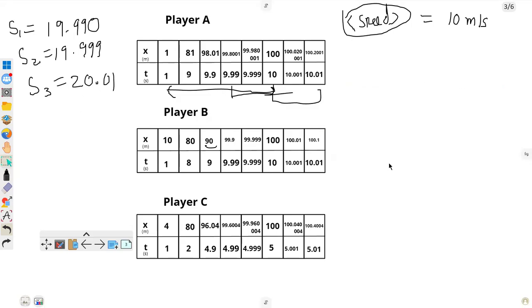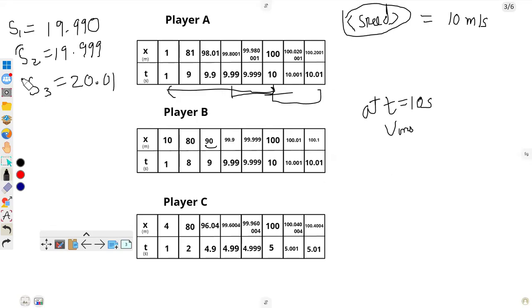So now we can say one thing about instantaneous speed. Whatever the instantaneous speed is at t is equal to 10 seconds, I'll denote the instantaneous speed as V instantaneous. We know for sure that it lies between S2 and S3, right?